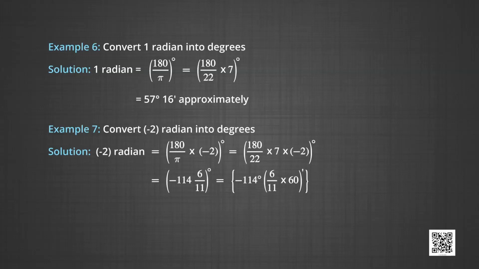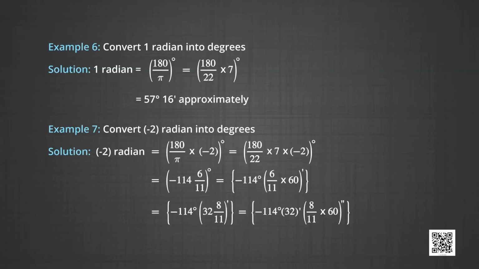We will convert this into minutes by multiplying it by 60. So, minus 2 radian is equal to minus 114 degrees 32 8 by 11 minutes. Again, 8 by 11 is the fractional part, which is to be converted into seconds. So, 8 by 11 will be multiplied by 60.